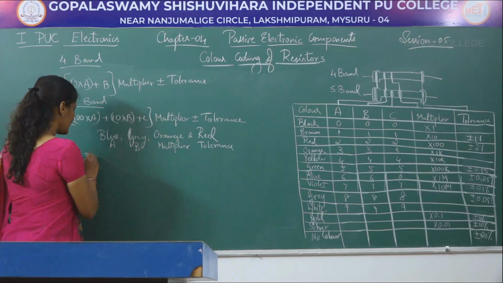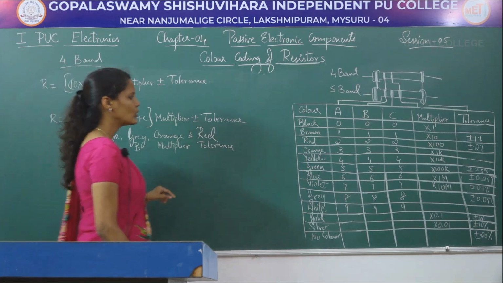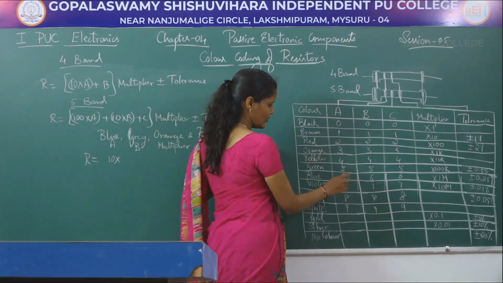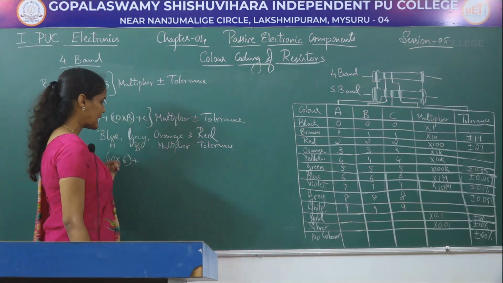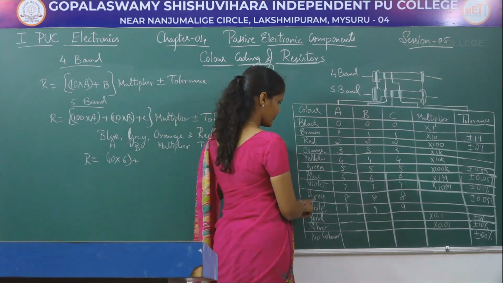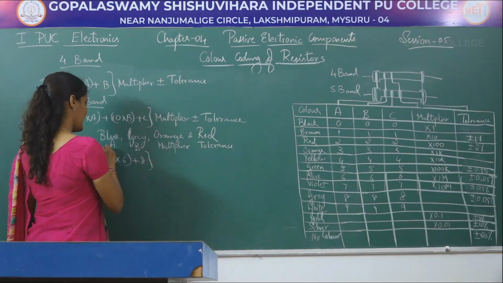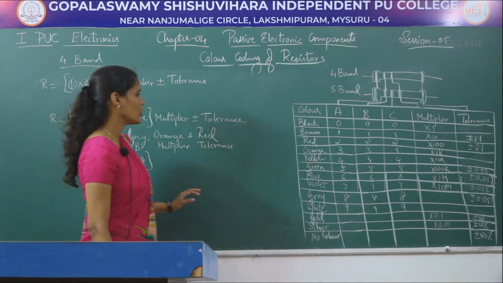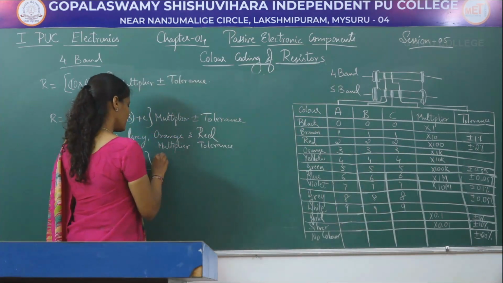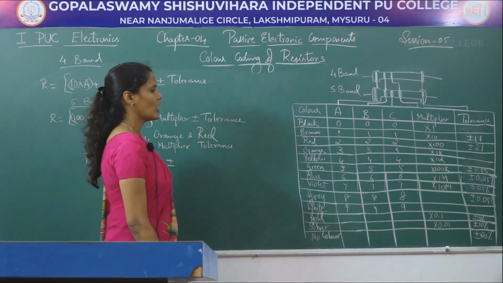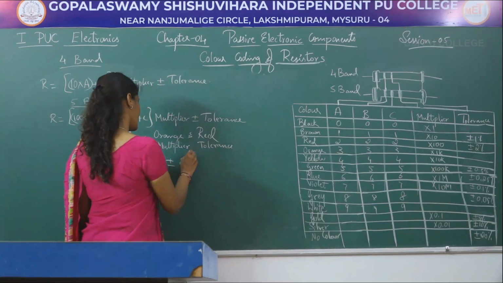So the resistance value R is equal to 10 into, for the blue color, A value is equal to 6, 10 into 6 plus grey, value for B is equal to 8, and the multiplier corresponding to orange color is 1K, into 1K, plus or minus the tolerance value for red color, which is plus or minus 2%. You have to write that, plus or minus 2%.